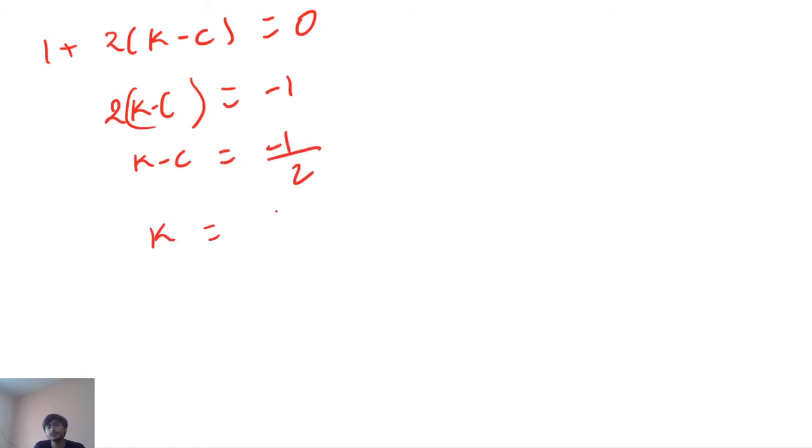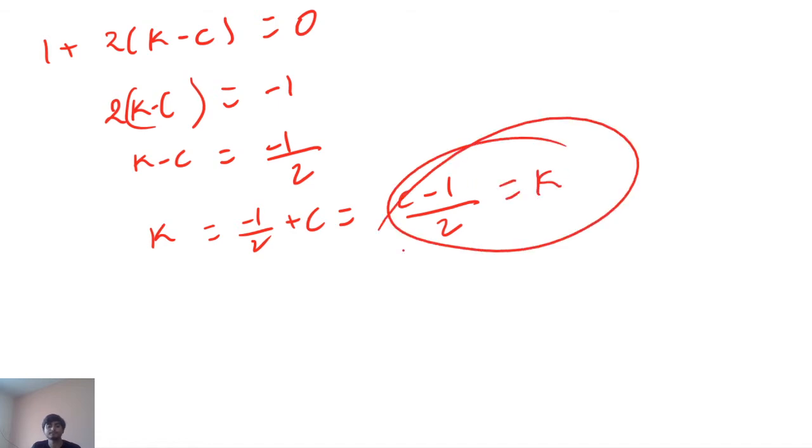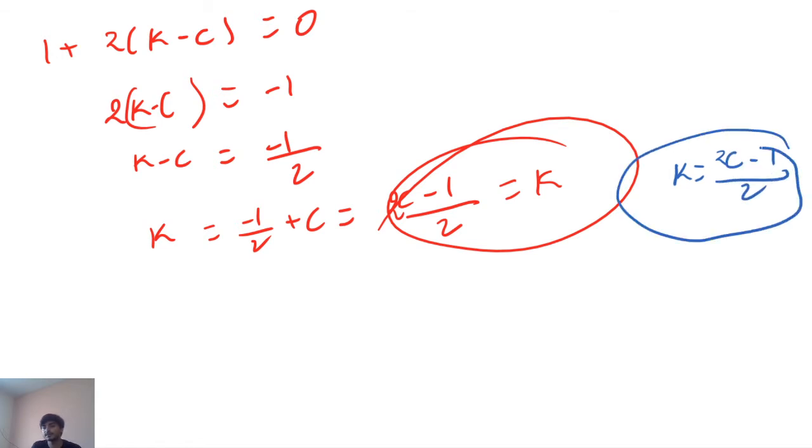Okay, yes, k equal to minus 1 by 2 plus c. So we can write c minus 1 by 2 is equal to k. Sorry, this will become 2c, right? So the final thing is k equal to (2c minus 1) by 2.